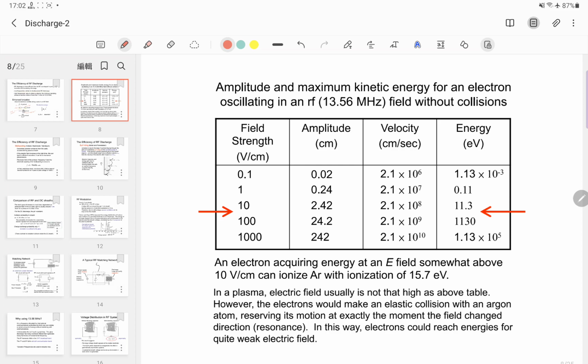So for an RF system with only a few tenths of volts per centimeter of electric field, one can ionize argon easily. From this analysis, the ionization energy of argon is 15.7 eV, so it can be easily ionized, and then plasma can be generated.